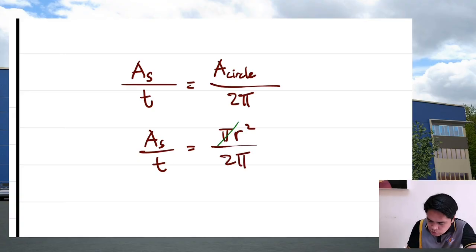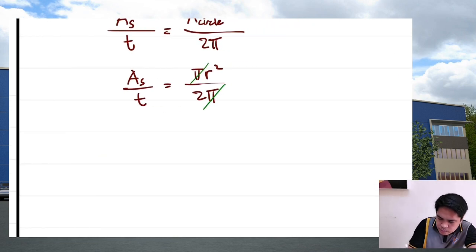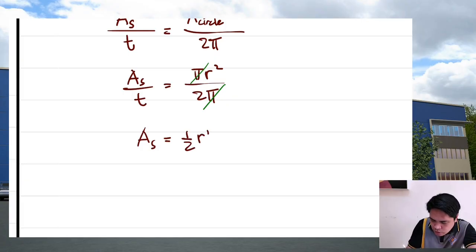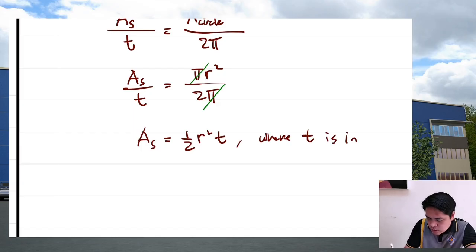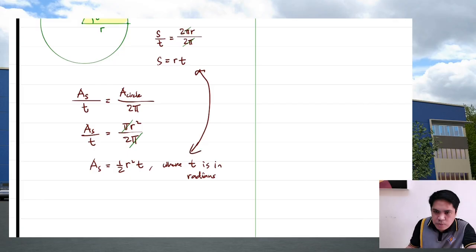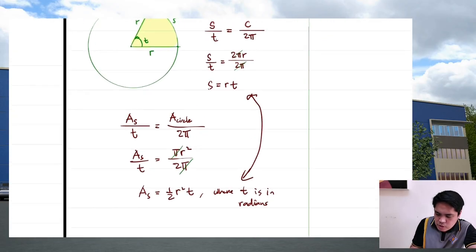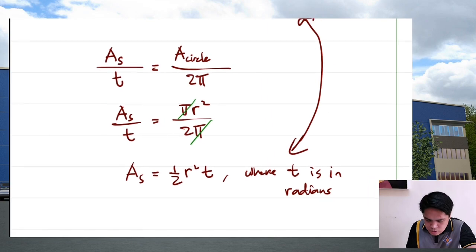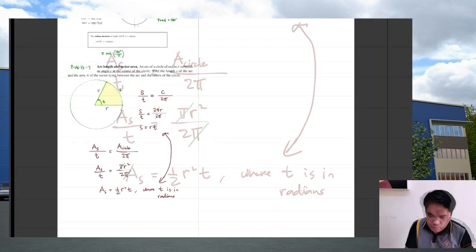So from here, we could cancel out pi. Hence, the area of a sector is equal to 1/2 r squared t, where t is in radians again. So we should specify that t is in radians. So that's it. Yun yung pag-answer dun sa problem na yan.